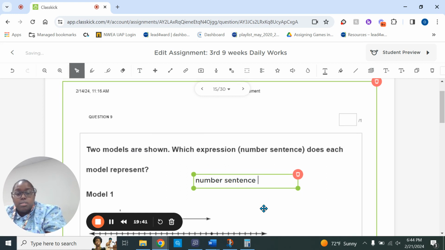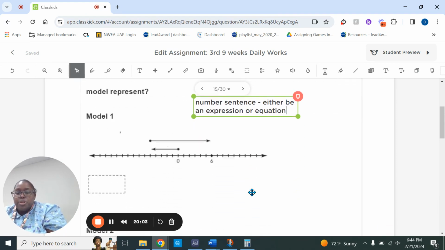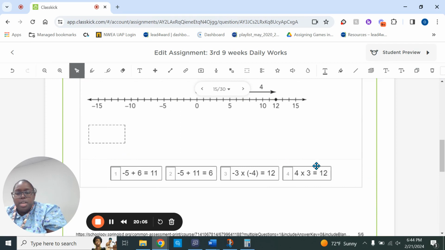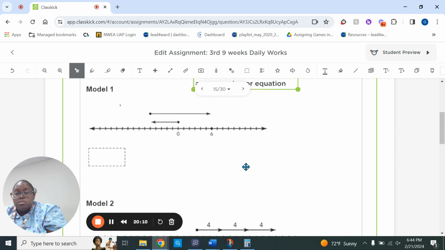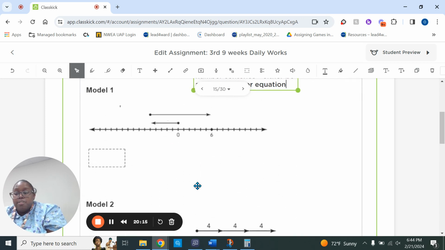Now, a number sentence can either be an expression or an equation, because it kind of depends on what they're asking you to do. If you look down here, we clearly have equations. So we're looking for an equation that matches these number lines. So make sure you look at the number lines carefully.